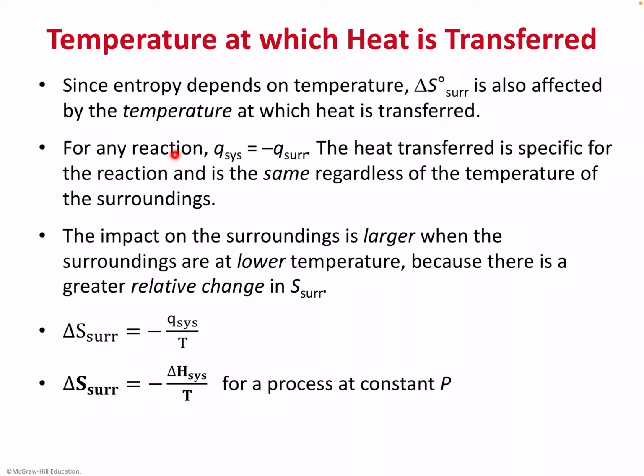For any reaction, we can say Q system equals negative Q of the surrounding, because if the system loses a certain amount of heat, surrounding is going to absorb the same amount of heat and vice versa. The heat transferred is specific for the reaction and is the same regardless of the temperature of the surroundings.